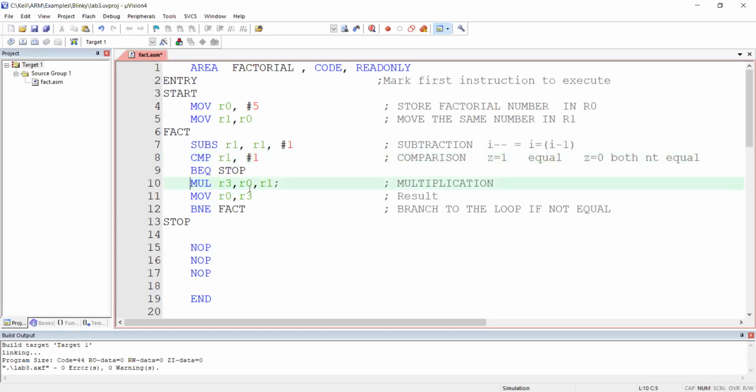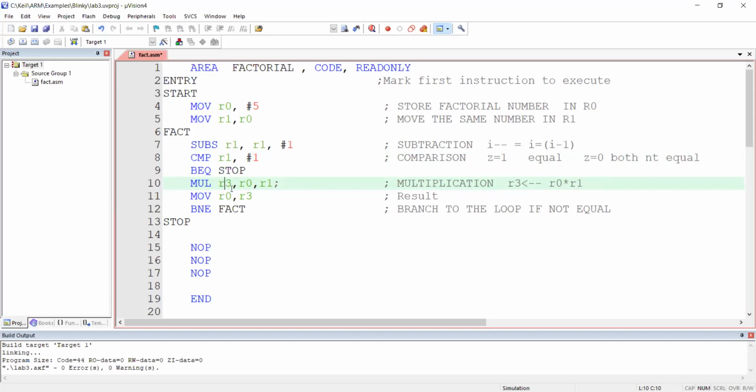Now at the 10th line, there is a multiplication: R3 equal to R0 star R1. Why are we not using R0 equal to R0 star R1? With R0 star R1 there is sometimes a possibility of overwriting the answer.